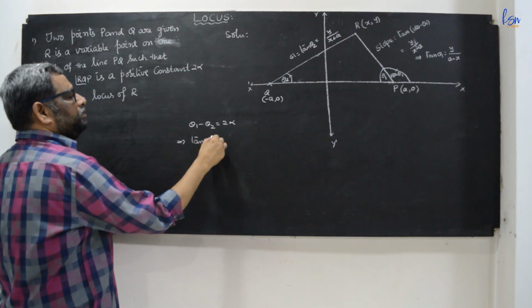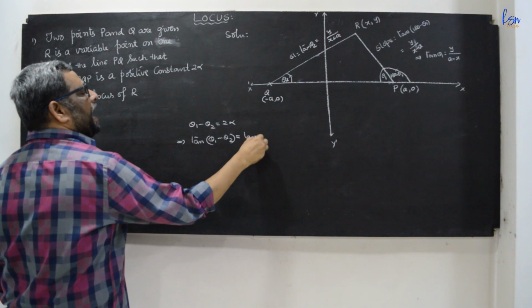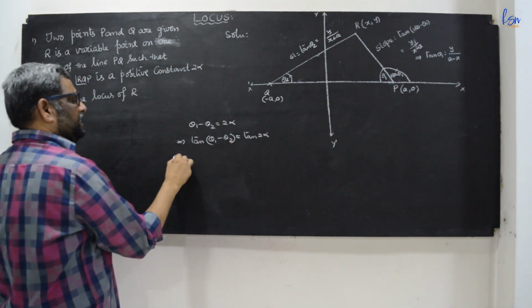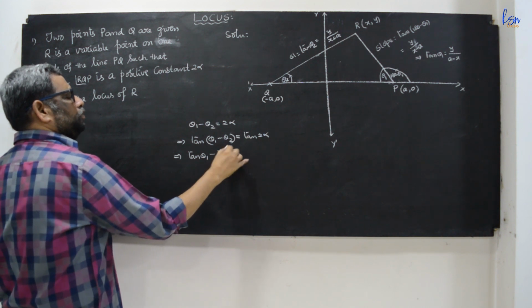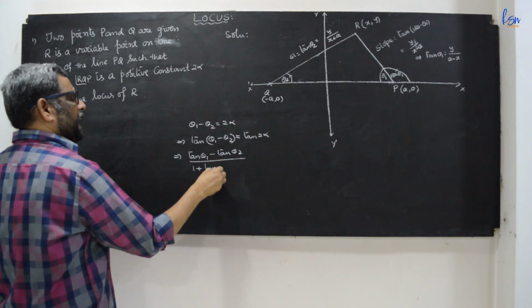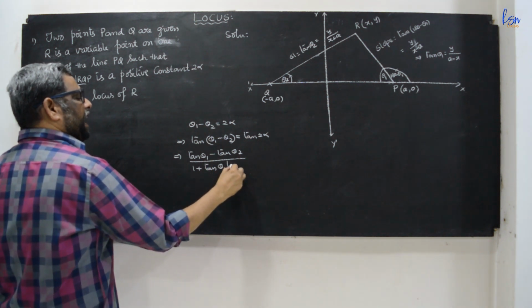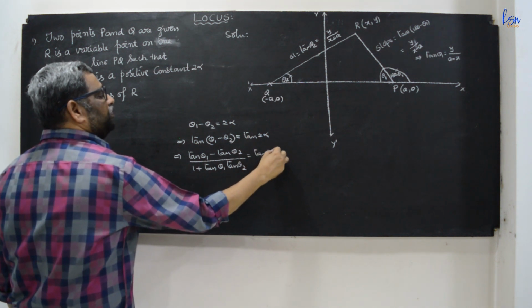Now theta 1 minus theta 2 equals 2 alpha, so tan of theta 1 minus theta 2 is equal to tan 2 alpha. That is, tan theta 1 minus tan theta 2 by 1 plus tan theta 1 tan theta 2 is equal to tan 2 alpha.